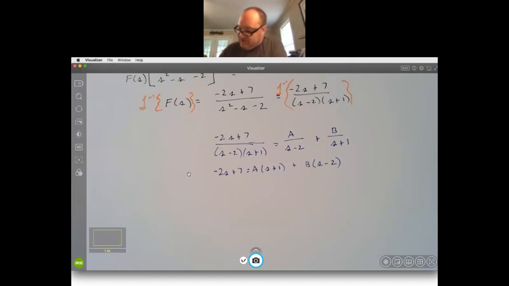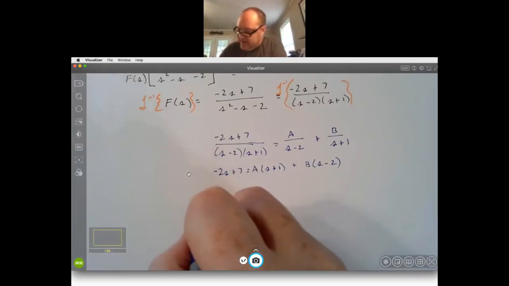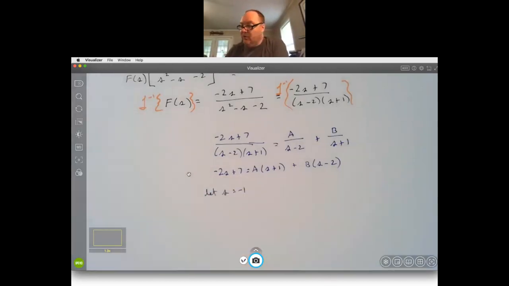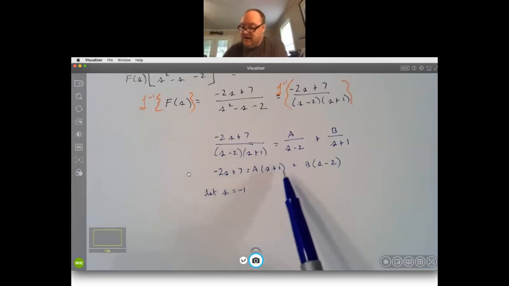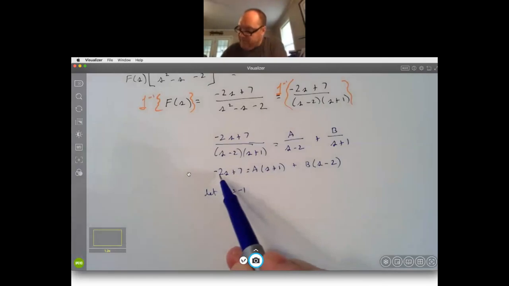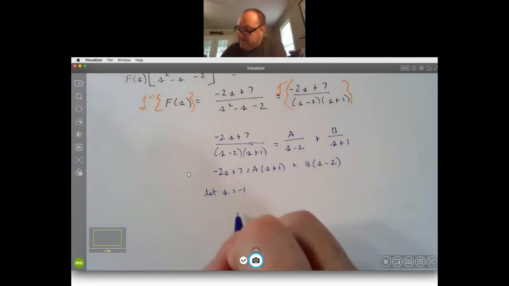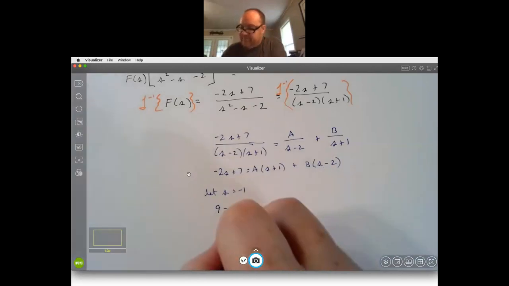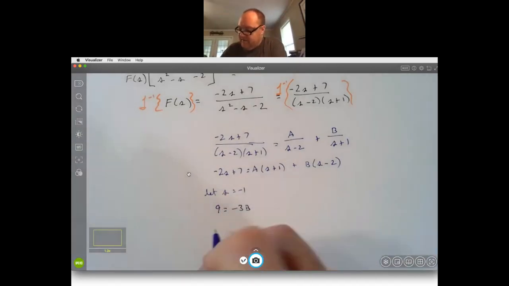So for instance, if I choose to let S be, say, -1, the purpose of that is to get this whole term to go away, to go to 0, right? So -1, that's going to be +2 plus 7 is a 9, equal to -3B. So it looks like B is -3.